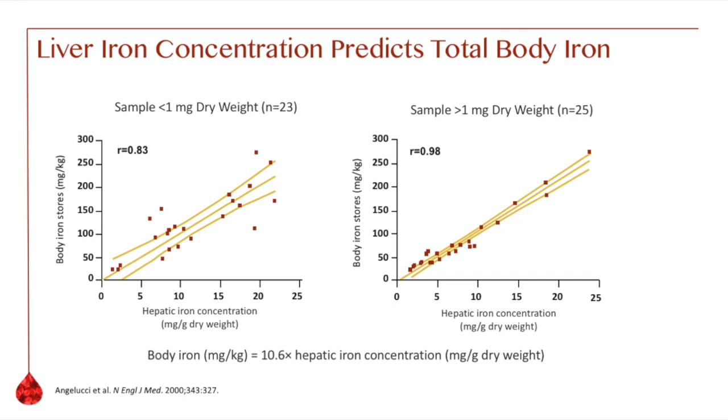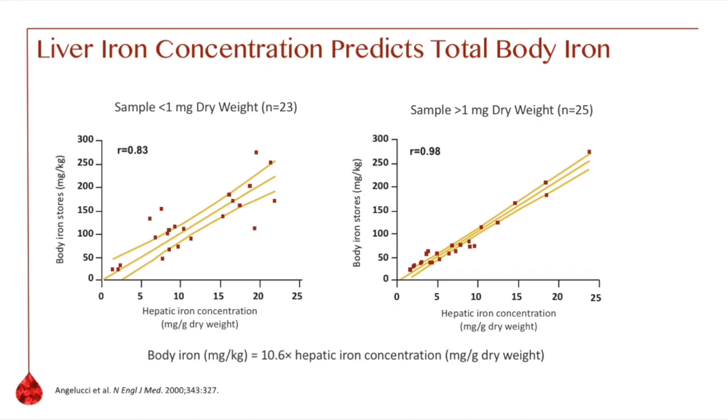This holds if the liver biopsy sample is large enough, care is taken to avoid contamination of the sample, and the analysis is done in a laboratory with expertise in tissue iron measurement. New methods using MRI with special techniques have been developed that are excellent for assessing iron concentration in organs.